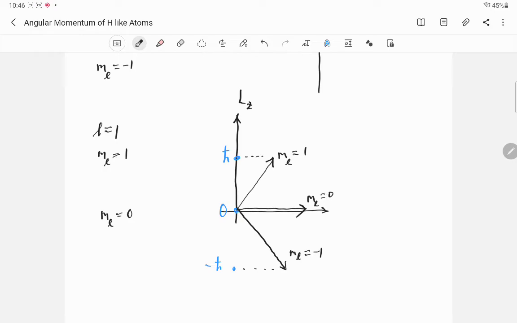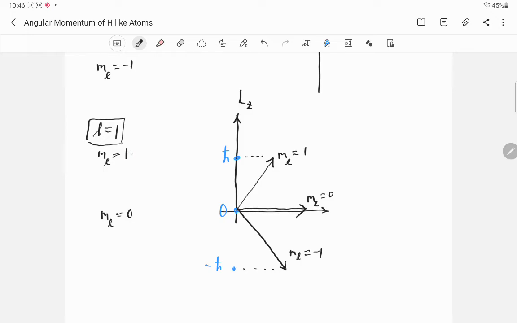So I'm referring to this as space quantization, and the reason I'm referring to it that way is because this is the only set of answers that you'll get if you were to measure the angular momentum of your atom, right? If you knew your atom was in the l equals 1 or p orbital shape, then the three possible m_l values that you can get quantum mechanically are 1, 0, or -1.